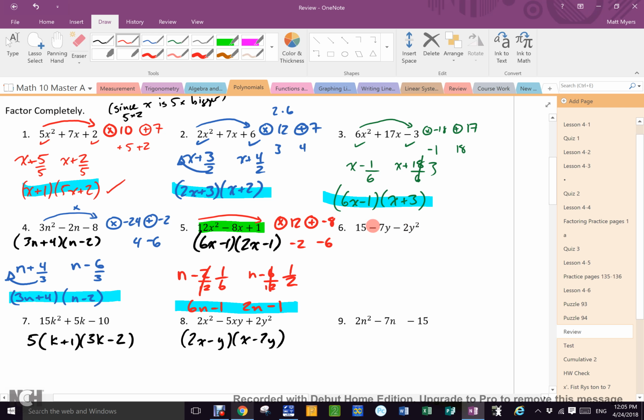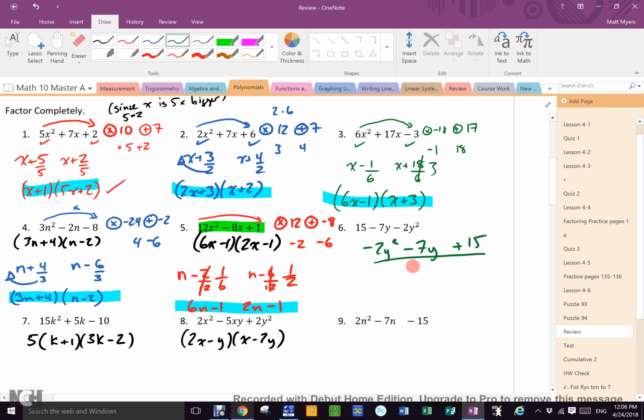You like to see the y squared at the front, so you would change this order, and you'd write negative 2y, because it's negative, right? Then you like the y in the middle, so negative 7y, and you like the number at the end, and it's positive.